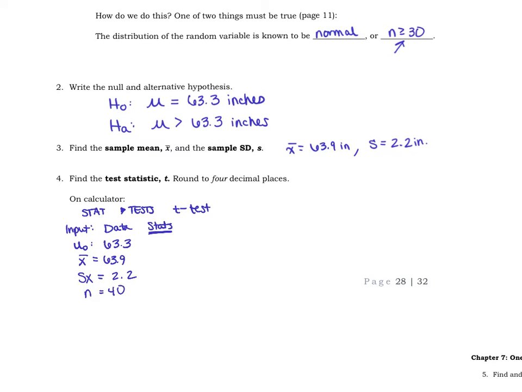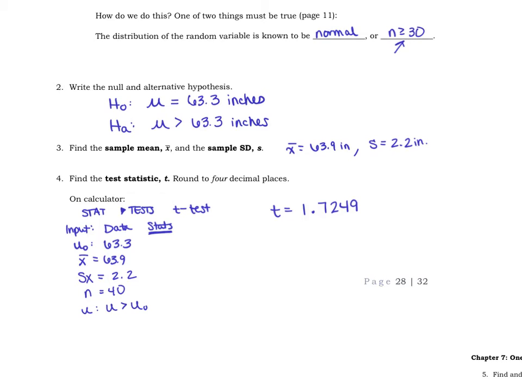And we are testing in this case that we are greater than 63.3 inches, so the greater than part, and then go ahead and go to Calculate, and it's going to tell you the test statistic. That's the t that comes out, first number you'll see, 1.7249. There is your test statistic.